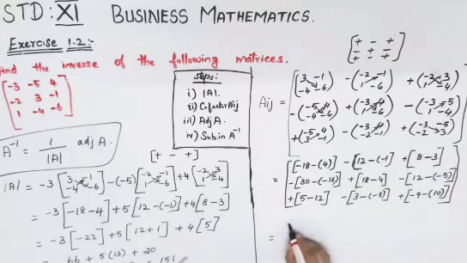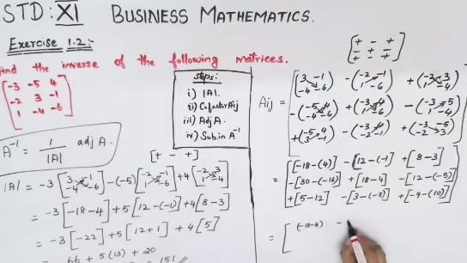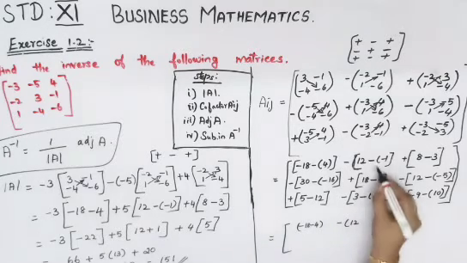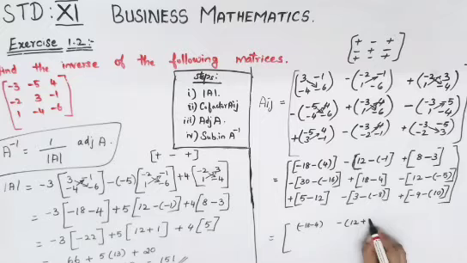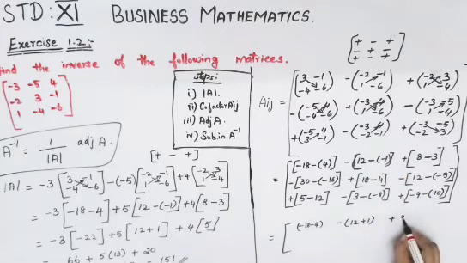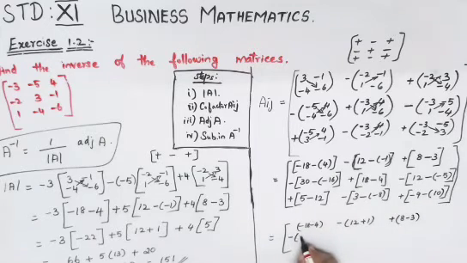Your next solving is minus 18 minus 4, then this is minus outside, 12, minus of minus is plus, so plus 1. Then plus 8 minus 3. Then this is minus, open your bracket, 30 plus 16.